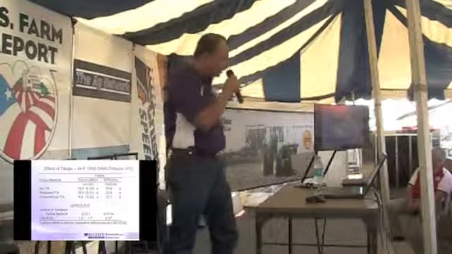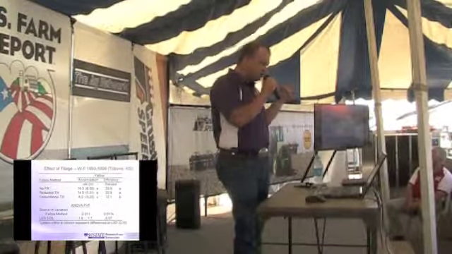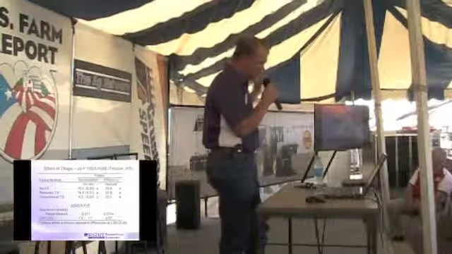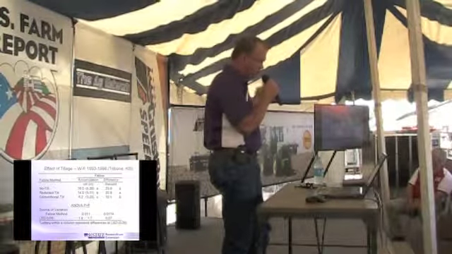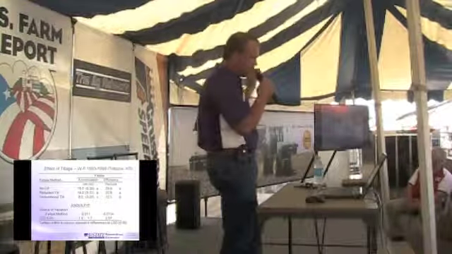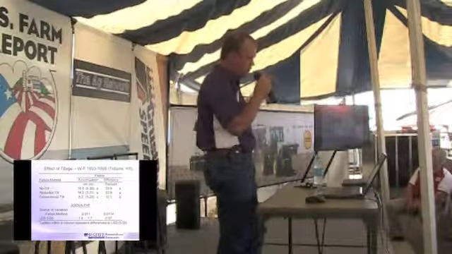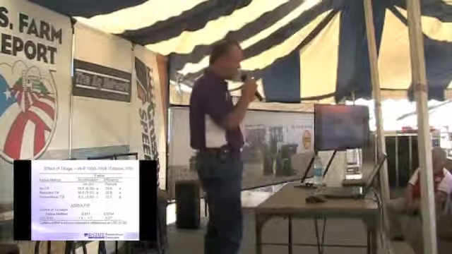This is some data looking at Tribune, Kansas, with different tillage methods: no-till, reduced till, and conventional till. If you look at the efficiency in the far right column, this is in a wheat fallow system. What this shows is that during the fallow period in no-till, we stored about 24% of our rain.